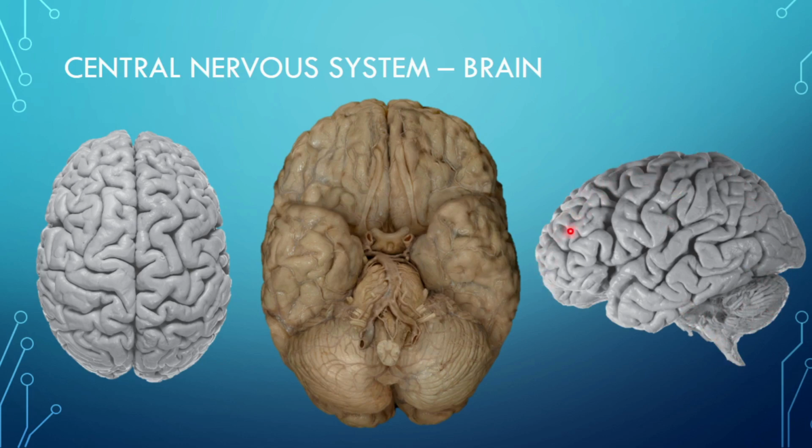So this would be the superior part that we were looking at before. And as we look from a lateral view, you can see that there's another long fissure here, or little slit, almost like a little cut. We call that the lateral fissure, and that is actually separating this upper part of the brain from this lower part of the brain.